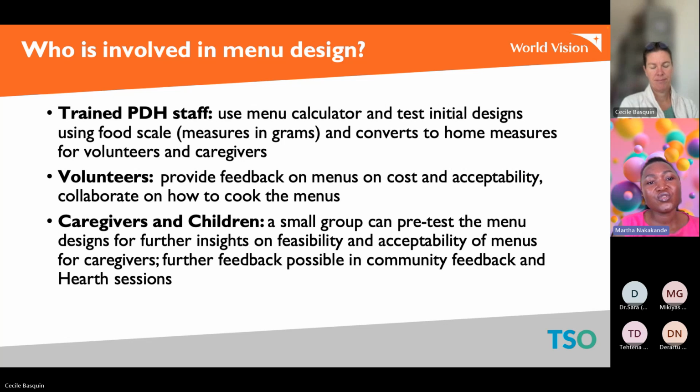And then for you to do this, you also need volunteers who are giving you feedback on the menu cost, on its acceptability, and the ones that are going to collaborate with the mothers in terms of cooking these menus.